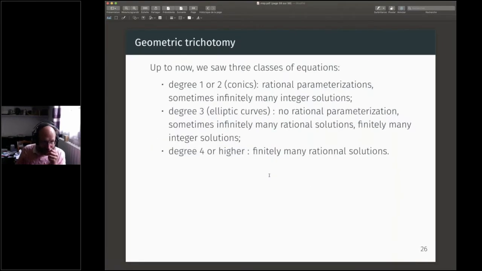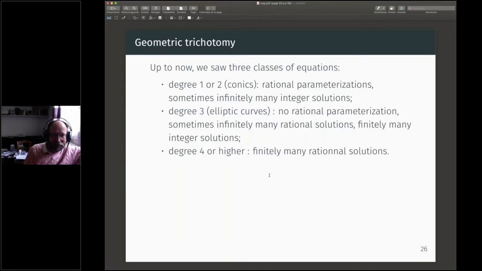And just to conclude, we have seen 3 classes of equations: degree 1 or 2 conics, degree 3 elliptic curves, and degree 4 or higher. And the behavior is different in each case. For degree 1 or 2, we could parameterize the solutions, and sometimes there were infinitely many integer solutions.